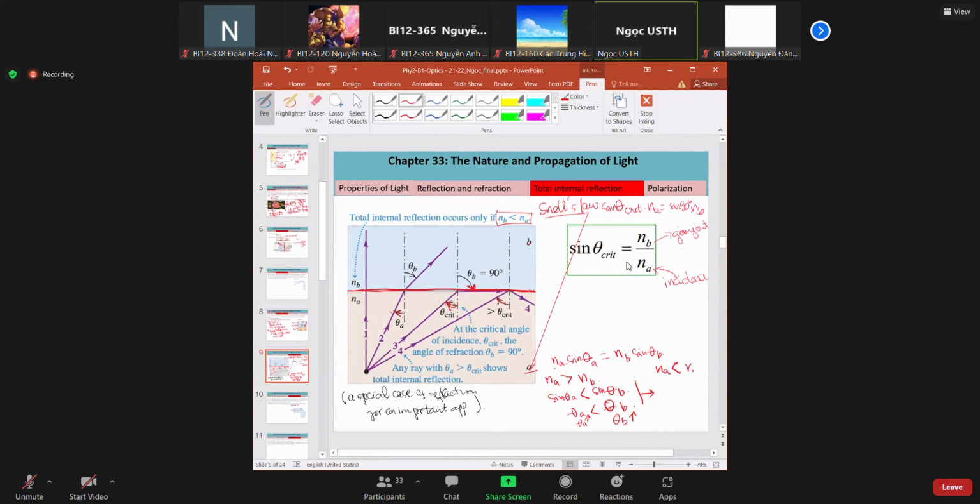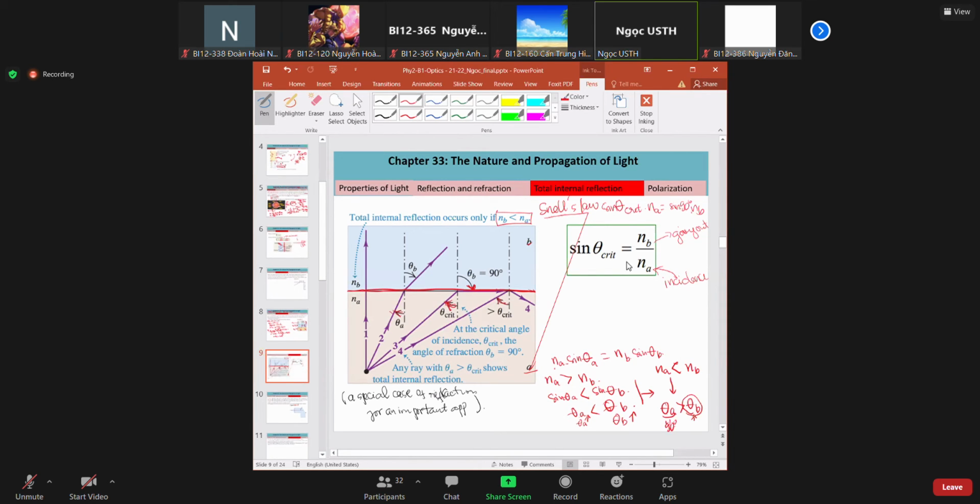But if the NA is smaller than NB, what does this mean? Even if the theta A equals 90 degrees, the maximum, there is no chance for theta B to be higher than 90, right?